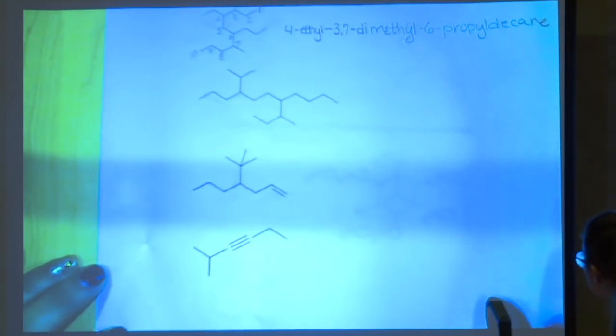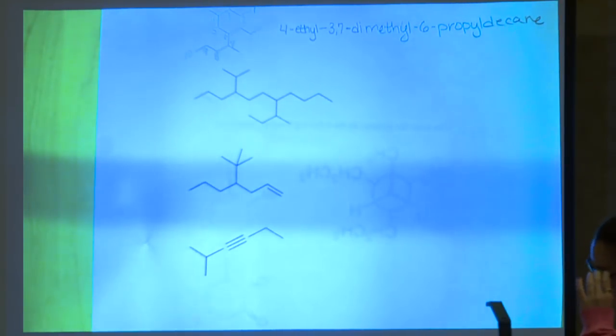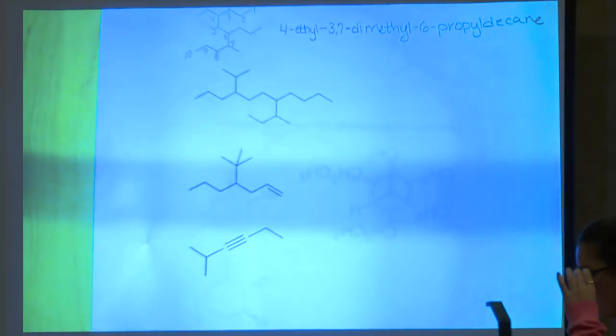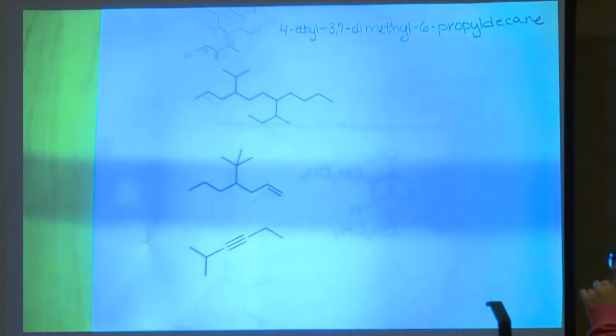How about for the next one? Awesome. So just straight across, and where do we start numbering actually? The one. Why? Because then you'll have the four, the lowest substituent?